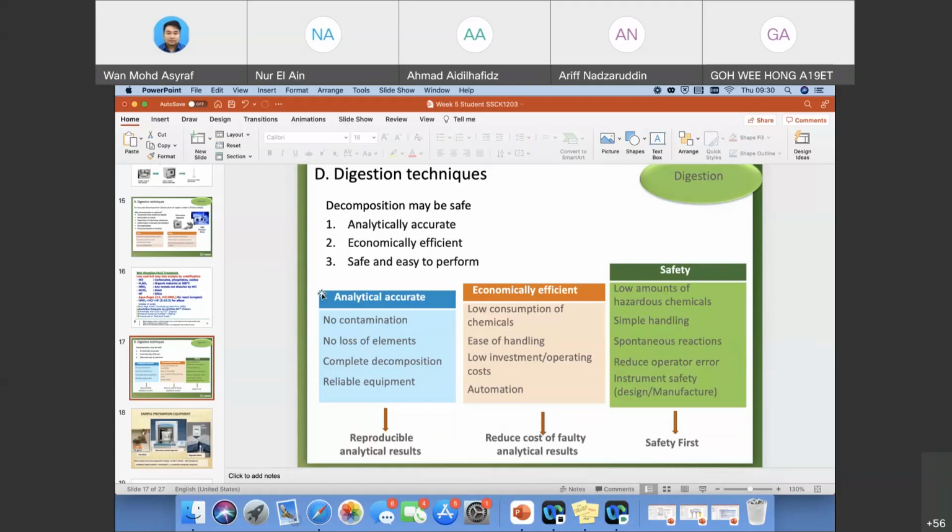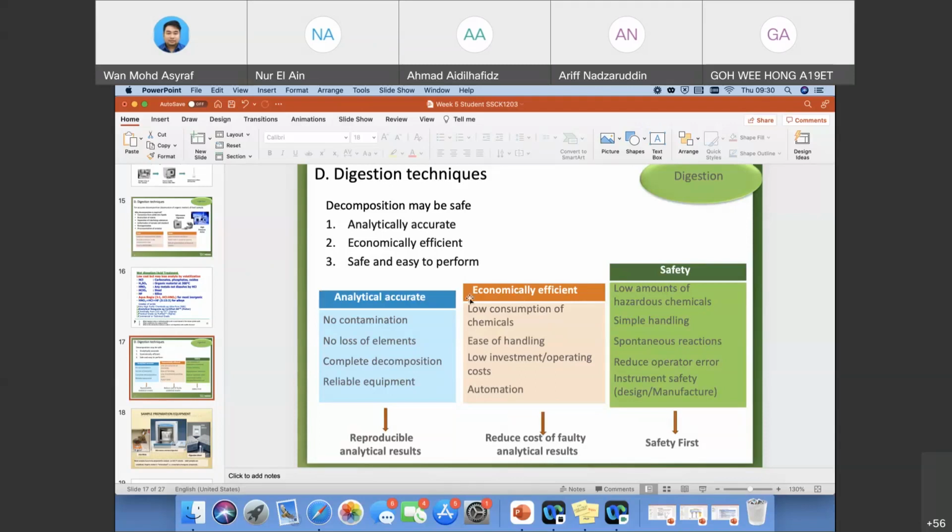But as I mentioned before, there are cons in these digestion techniques where it may introduce new kinds of interferences. As compared to dry ashing, you just heat it up, but you also have a con there because you cannot heat every element inside the furnace because some elements might be volatile.